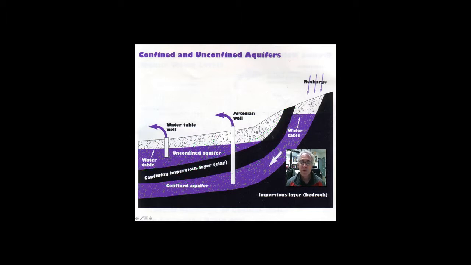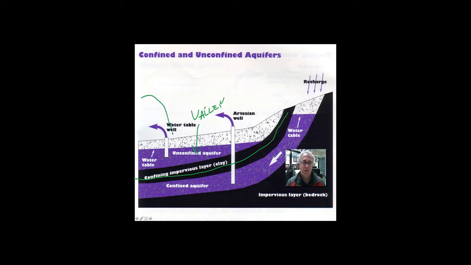So, in California anyway, this represents the Sacramento and San Joaquin Valley. We're right here. And then because of the Sierra Nevada and some other things, right around the foothill area, we have rock, stone, and clay that separates this confined aquifer from the unconfined aquifer.